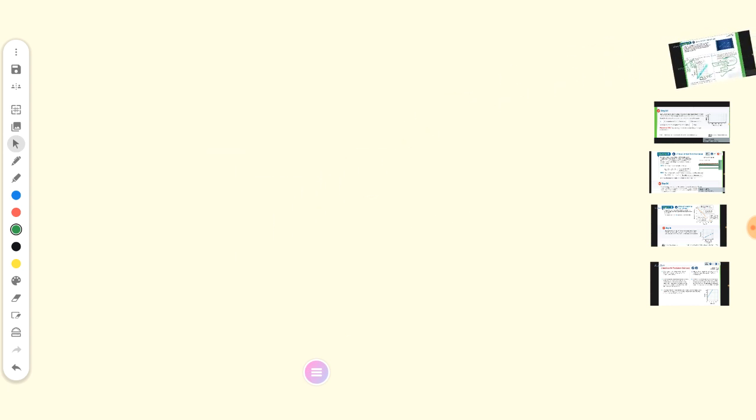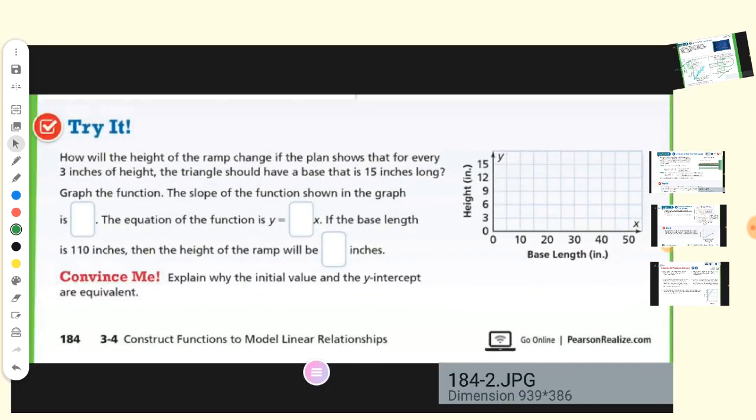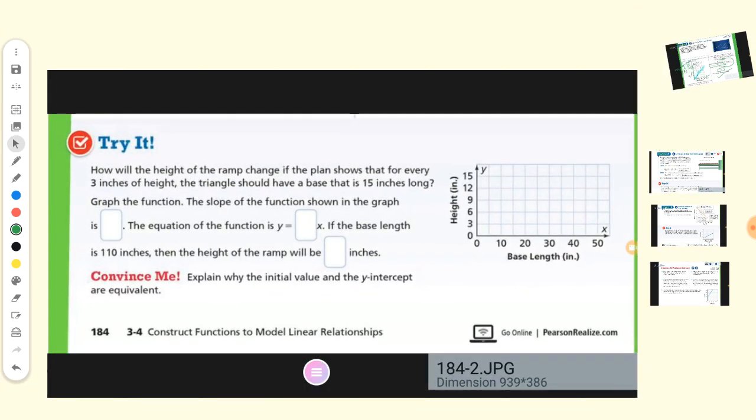Another example, and then we'll solve the right one. So here, how will the height of the ramp change if the plan shows that for every 3 inches of height, the triangle should have a base of 15. So y is 3 and x is 15, so at 15, y equals 3, and the point is here.